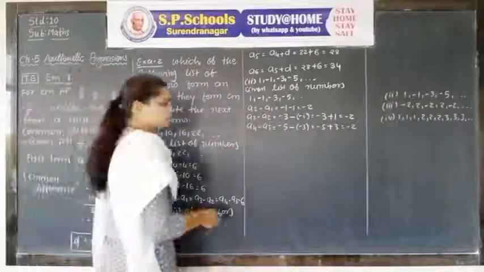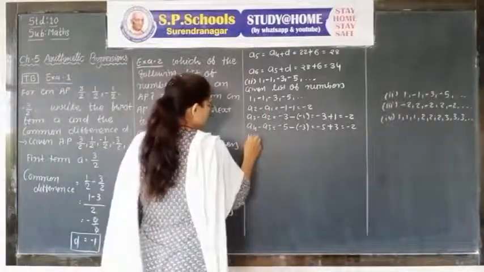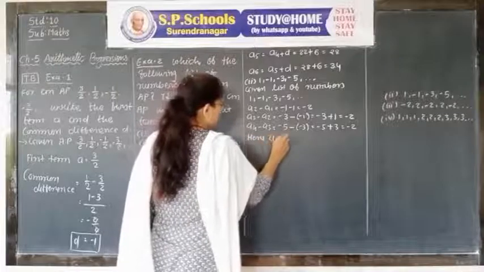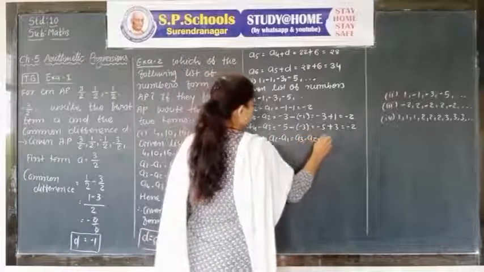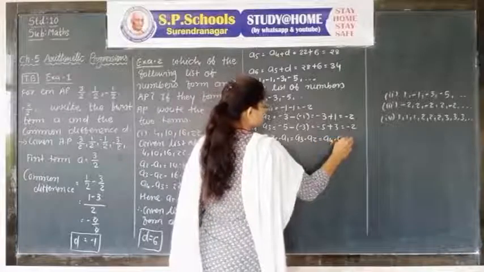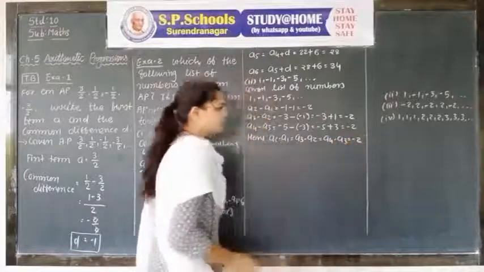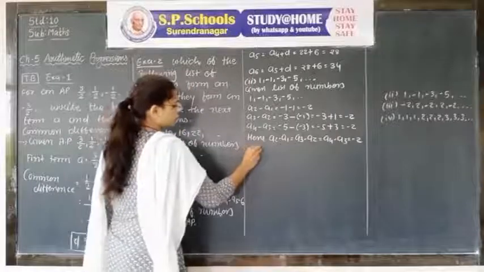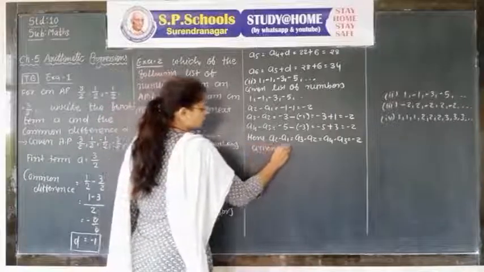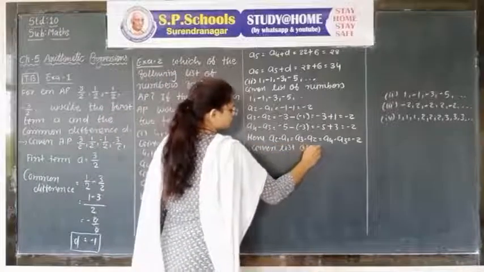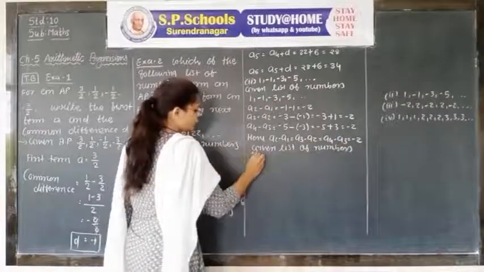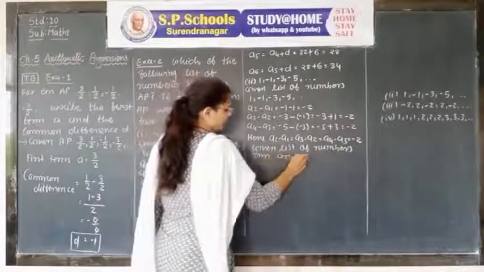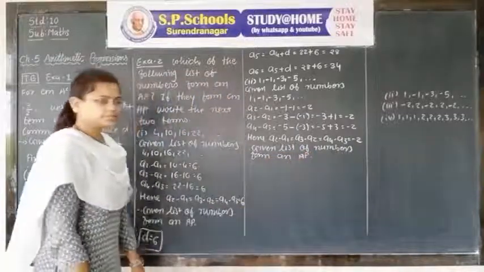Here the consecutive differences are equal. Here A2 minus A1 is equal to A3 minus A2 is equal to A4 minus A3 is equal to minus 2. Therefore, the given list of numbers forms an AP.